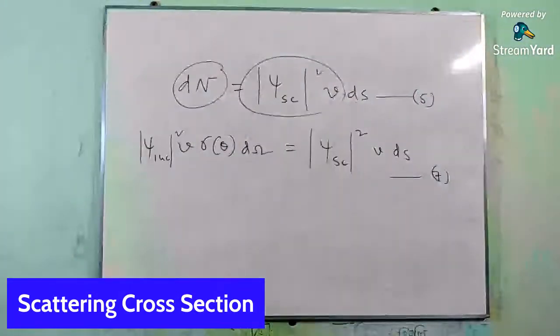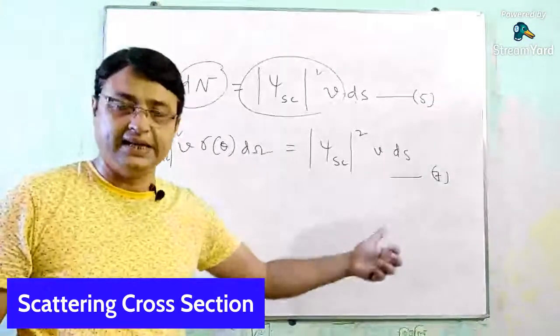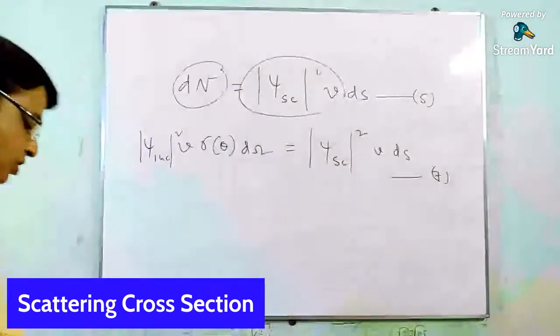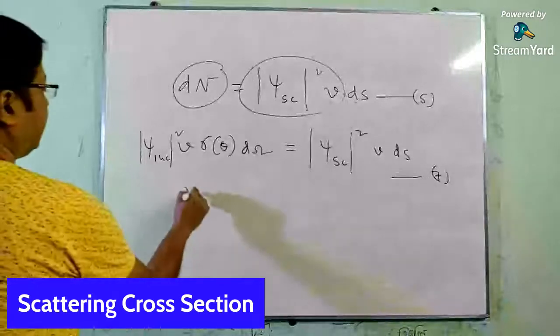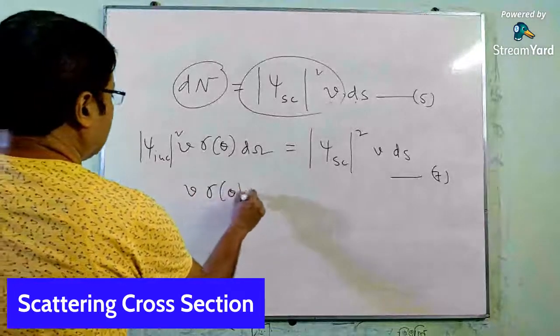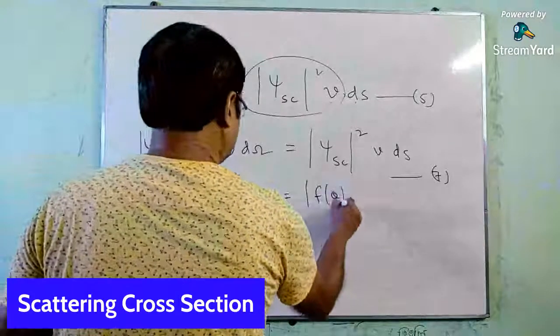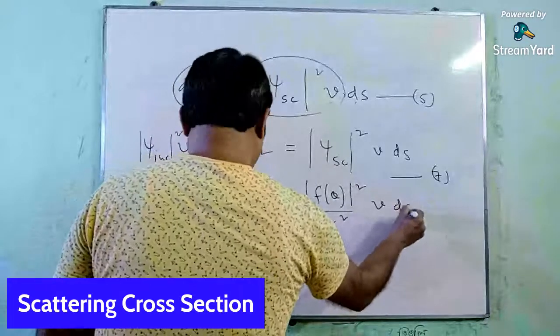Now let's substitute the values of psi_inc and psi_sc. These are given by equations 3 and 4. Substituting them in equation 7, we get v sigma(theta) d omega equals |f(theta)|^2 by r^2 into v dS.